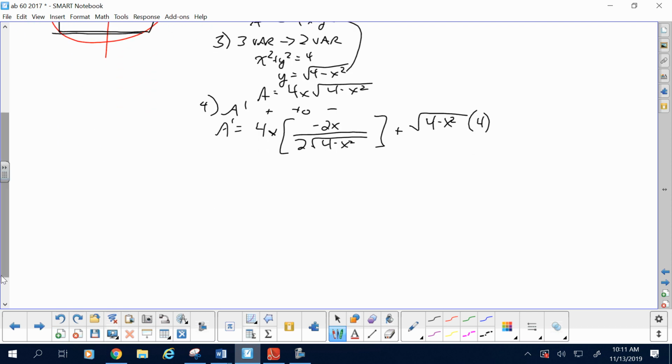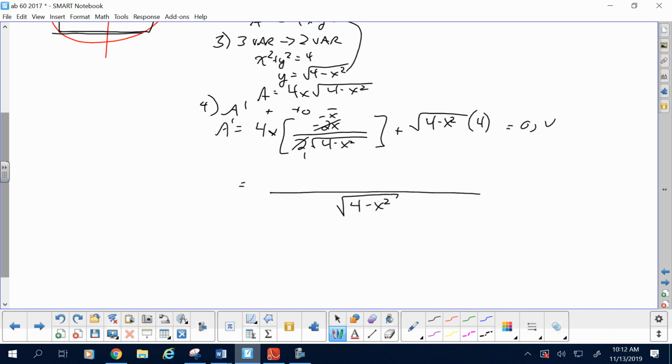Alright, we good so far? You need to know where this is zero or undefined. What algebra shall I do to get there? You want to make these fractions and get a common denominator. So, what is the common denominator? Root 4 minus x squared. So this first term you didn't do anything to.